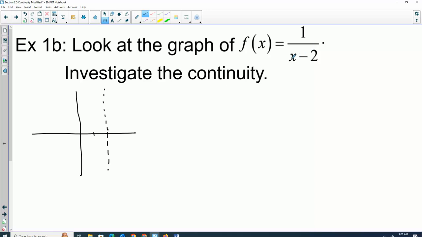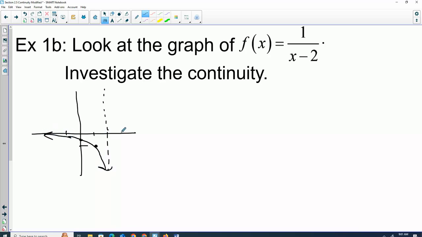If you wanted to plug in some points, when x is 1, you get out negative 1. When x is 0, we get negative 1/2. When x is negative 1, we're getting negative 1/3. This section's kind of looking like that.